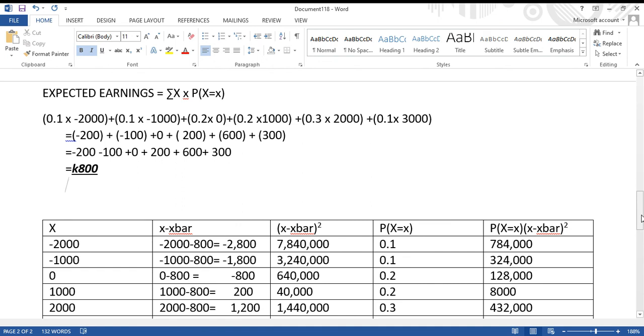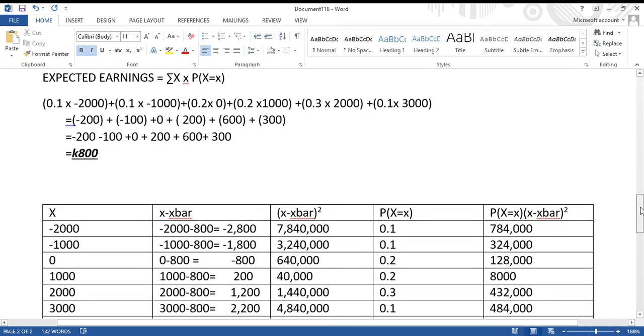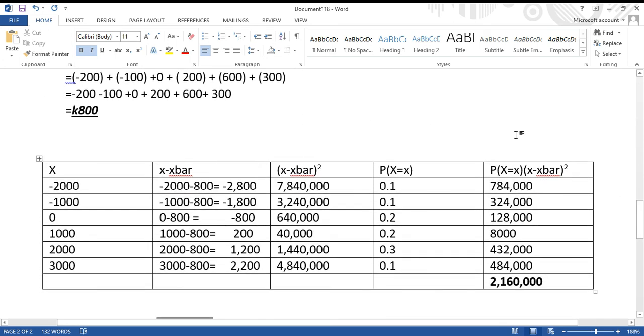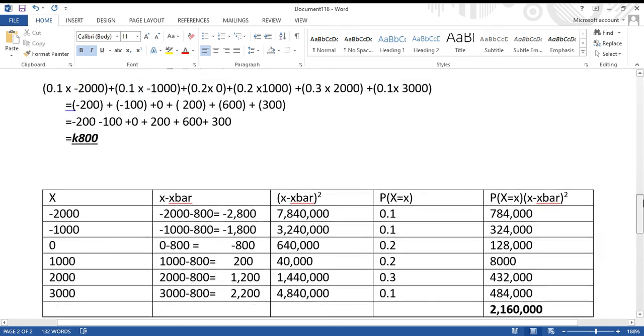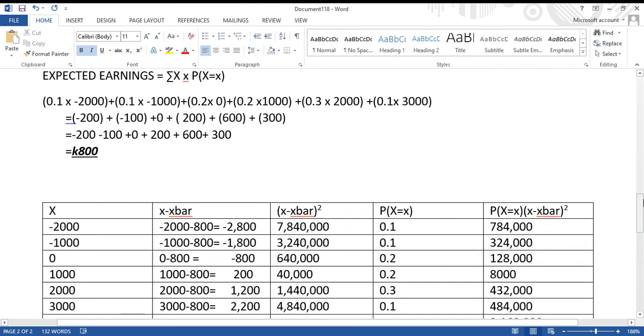Maybe it was just my calculation. Yeah, so there are two ways to get this variance, and then we take the square root. Me personally, I like this way. So it's up to you. They're supposed to give you the same values.